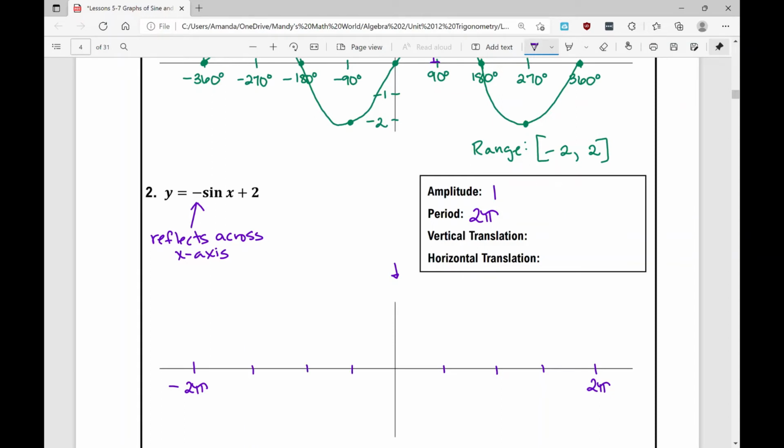Okay, so now in our previous one, we took 360 degrees, we divided it into fourths. If I take 2 pi and divide it into fourths, you can do the same thing. I'm going to divide it by 4, and I get pi over 2. So we're going to count by halves. So this is pi over 2, which is also 90 degrees, right?